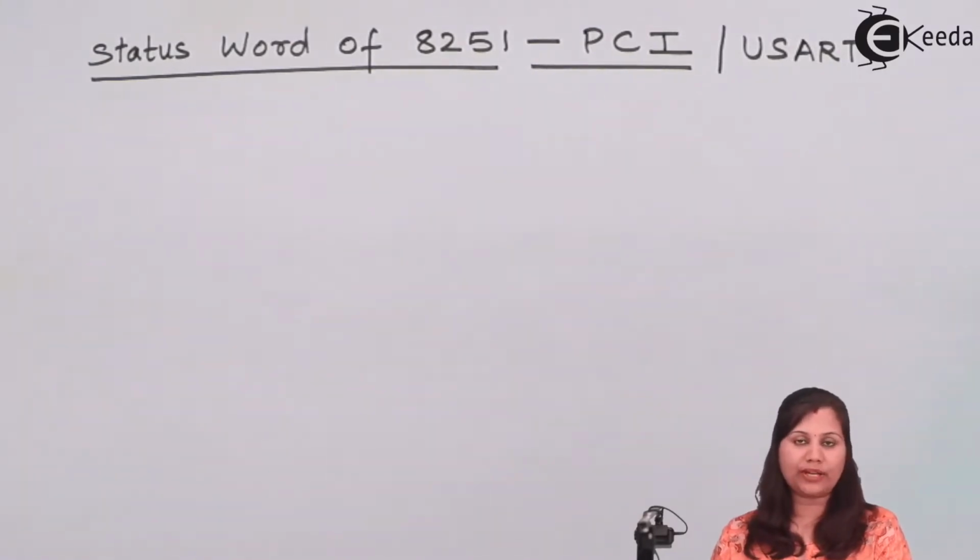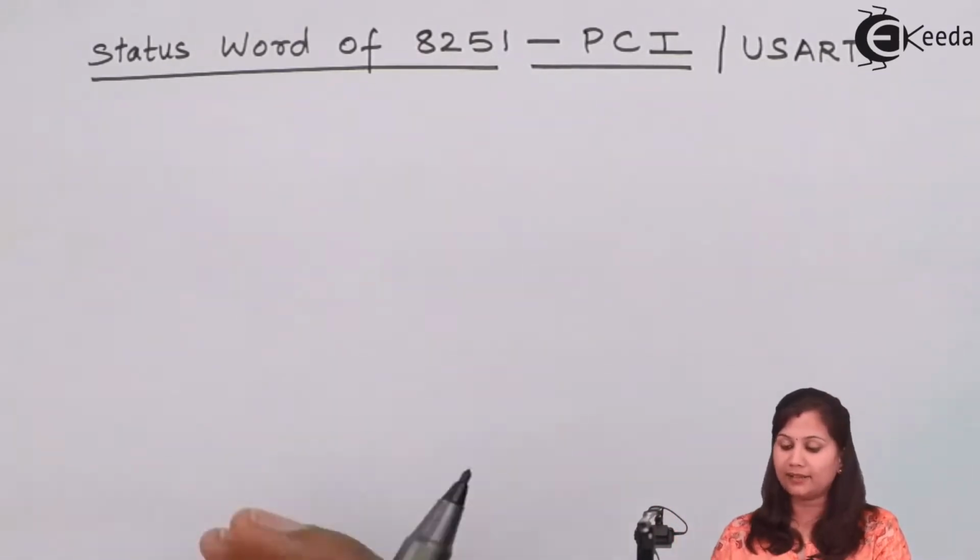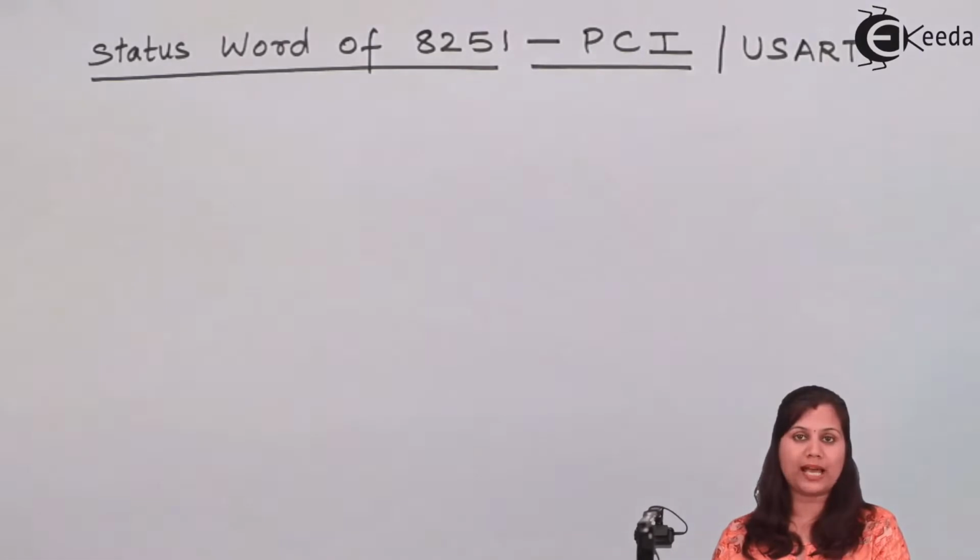Also this 8251 performs the serial to parallel conversion and parallel to serial conversion. And it is widely used whenever the microprocessor is communicating with a peripheral device which is at a long distance. To transmit or receive the data from such peripheral devices, the 8251 is used as a communication interface.